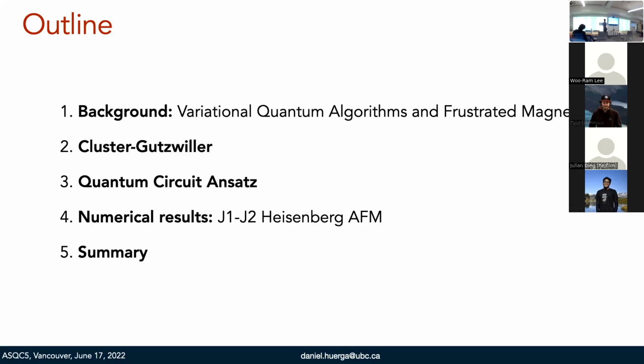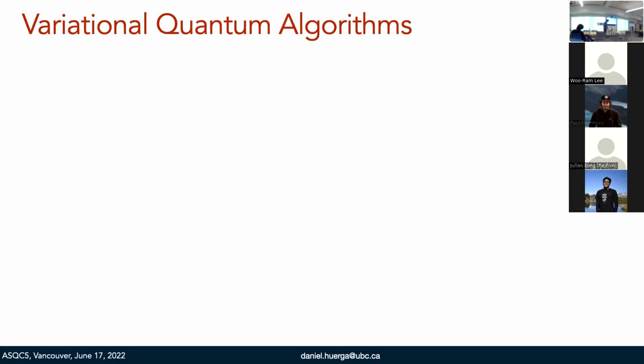Then I will give you a couple of details on this cluster-Gutzwiller ansatz, and some details on the heuristics on the construction of this quantum circuit ansatz. And then I will pass to these numerical results, state vector numerical results for the J1, J2 Heisenberg antiferromagnet, and then I will give you the summary, if I have time, the outlook.